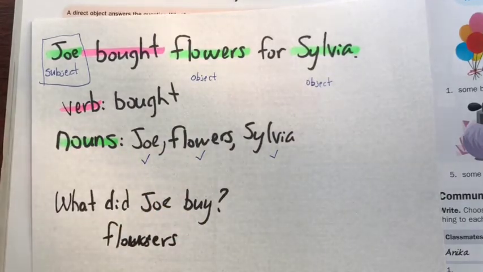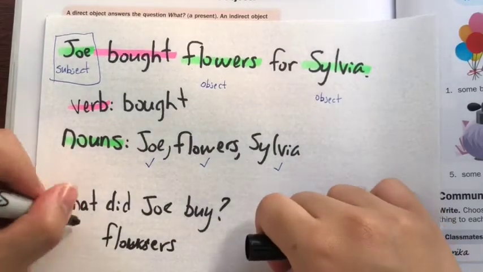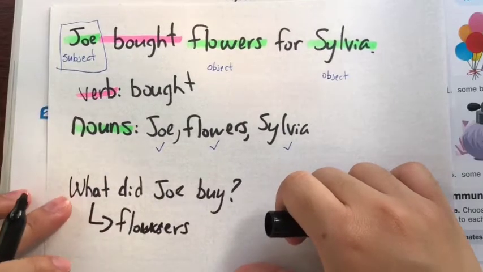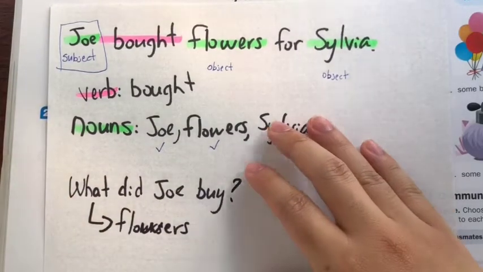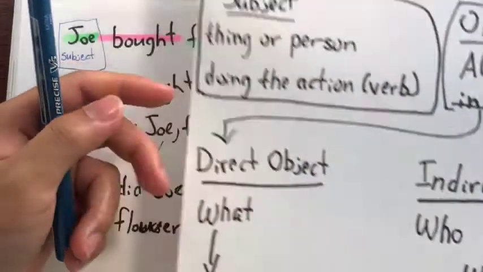He bought flowers. So because flowers answers the what question, flowers is the direct object.